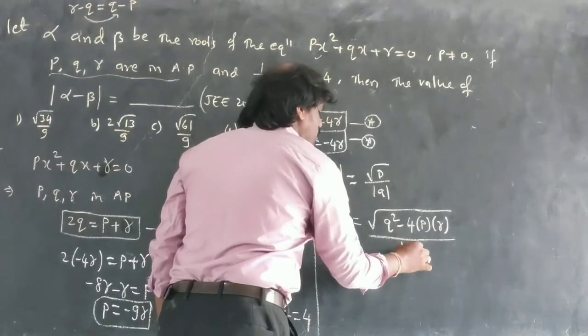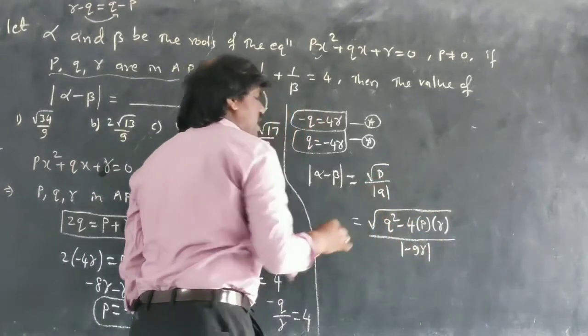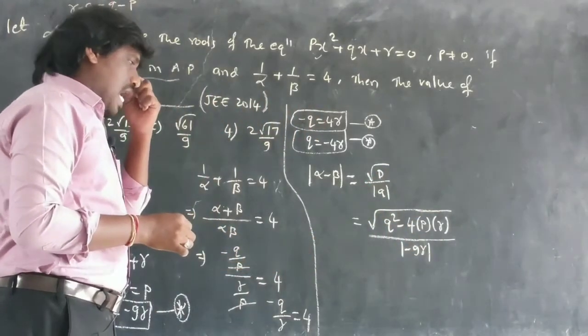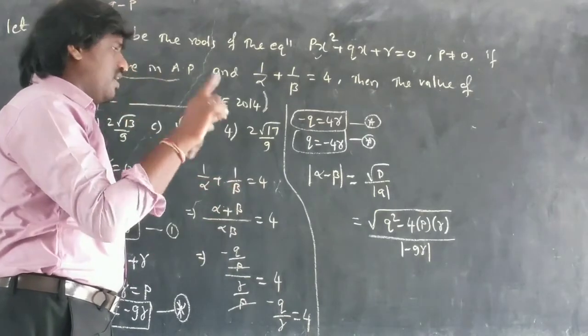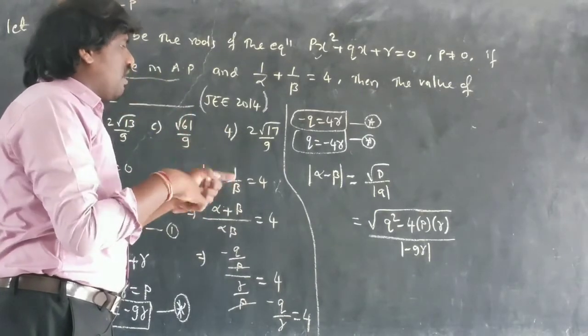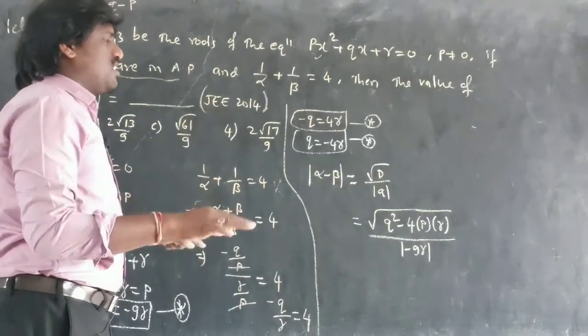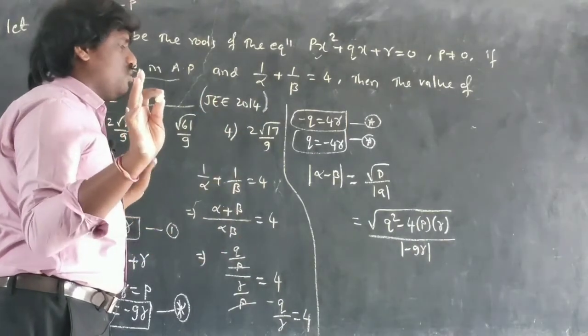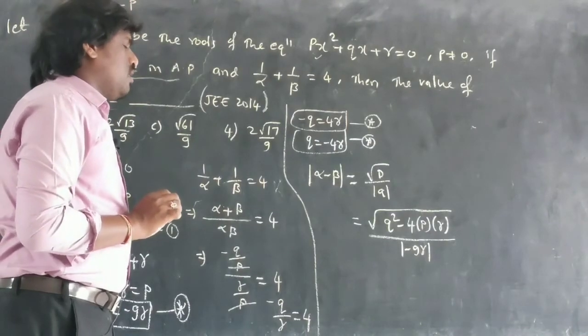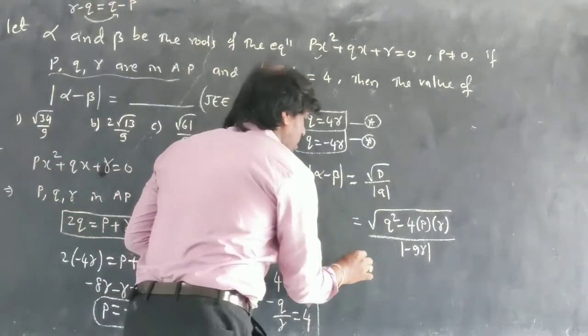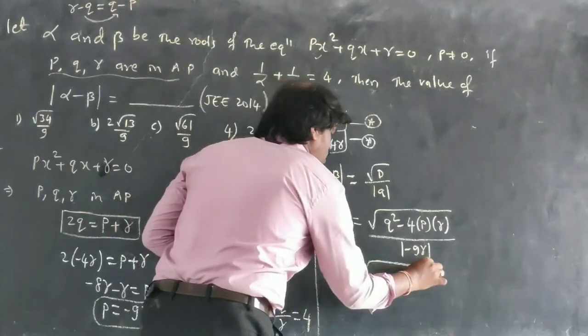So minus mod 9r. What I am going to do here is convert everything into one term. Like here, q I will convert into r, p I will convert into r, the total expression I will convert into r. So let us see, if I simplify, the square root of q square.